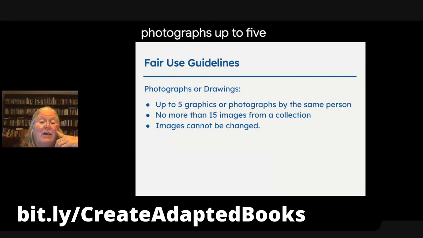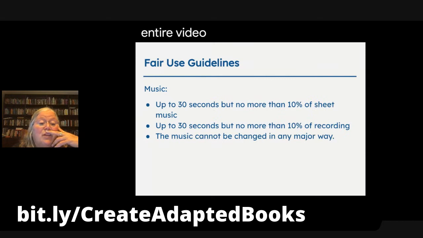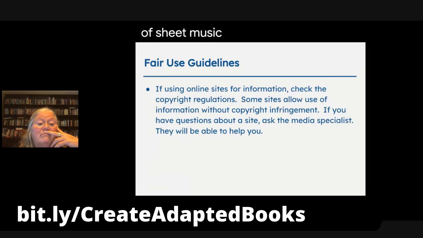Photographs, up to 5 graphics or photographs, not more than 15 images from a collection. Video, up to 3 minutes, but not more than 10% of the entire video. Music, 30 seconds or 10% of sheet music. If using online sites, check the copyright regulations.